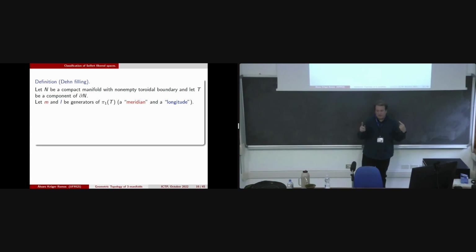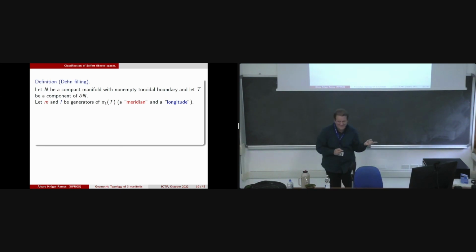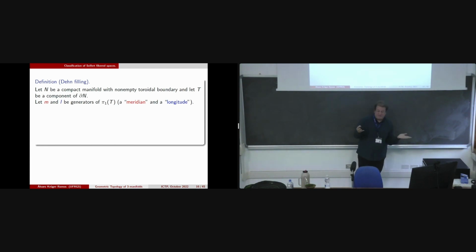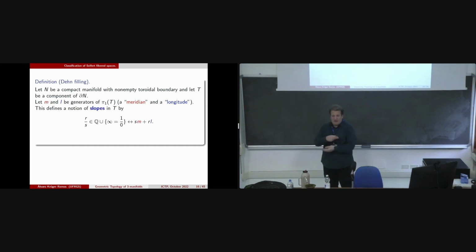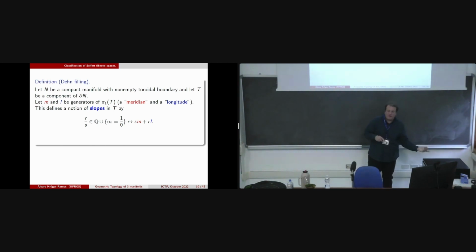So you need generators of the fundamental group. And this is the hard part, to have a well-defined notion of meridian and longitude. Once you have that, everything is standard. So you have a definition of slopes.